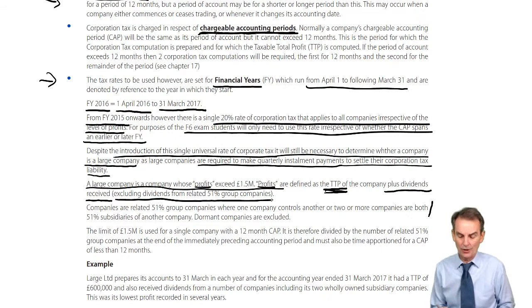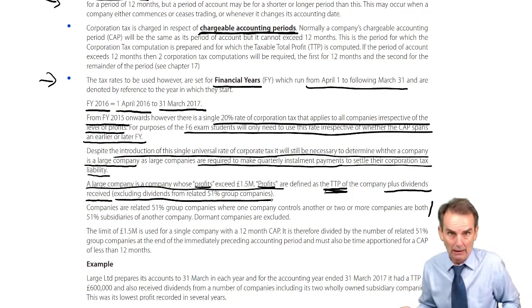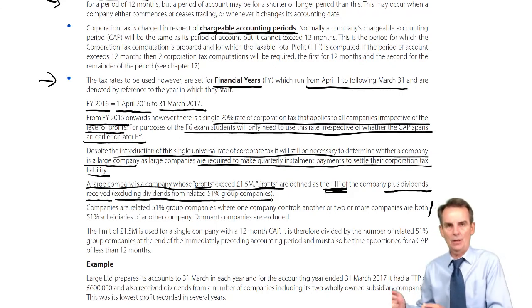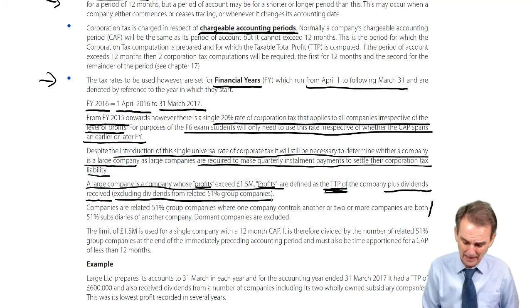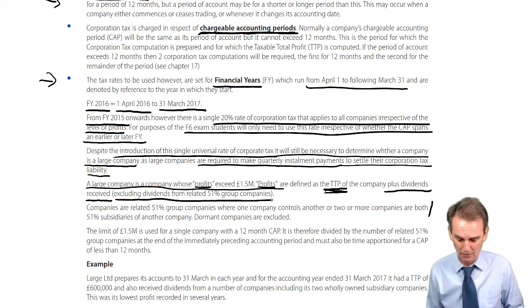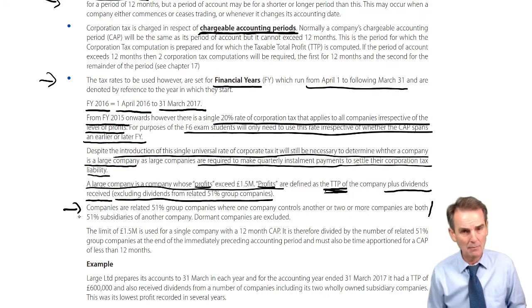Now, that tells us another thing other than how you calculate profit. Taxable total profit plus dividend income there. Dividend income other than dividends received from related 51% group companies, and we'll define that in a moment.